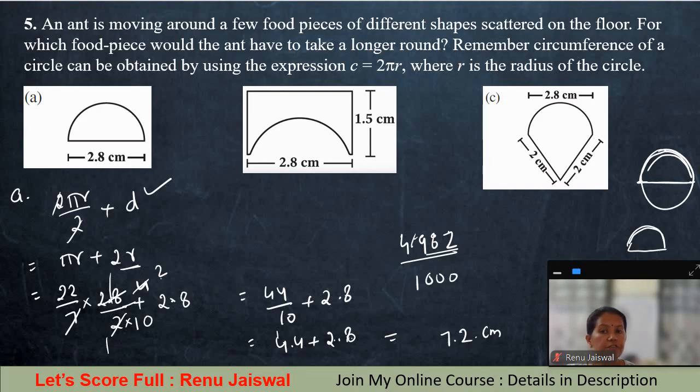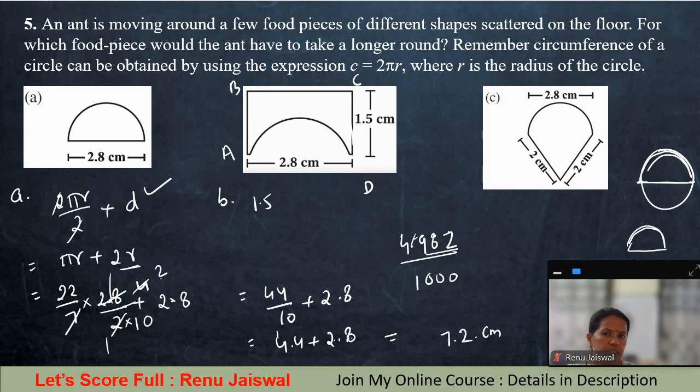This is for the first part. We also have the second part. But the second part is a little easier because we already calculated this part, right? The semicircular part. So in the same way I have to add these boundaries. See, if this point is A, this is B, here C, here D. So AB means how much? 1.5.